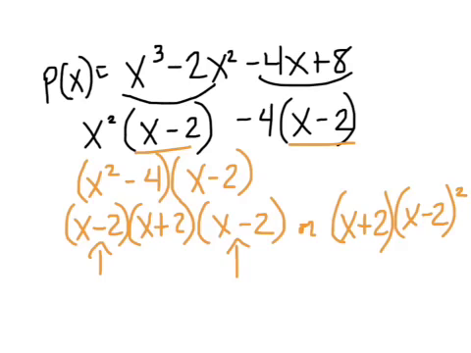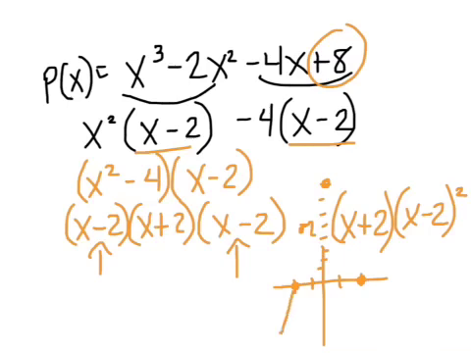And what I mean by that is when I go to graph this, negative 2 is this one, positive 2 is this one, with an exponent of 3, and a y-intercept of 8. 4, 5, 6, 7, 8. I know that it probably did something like this.